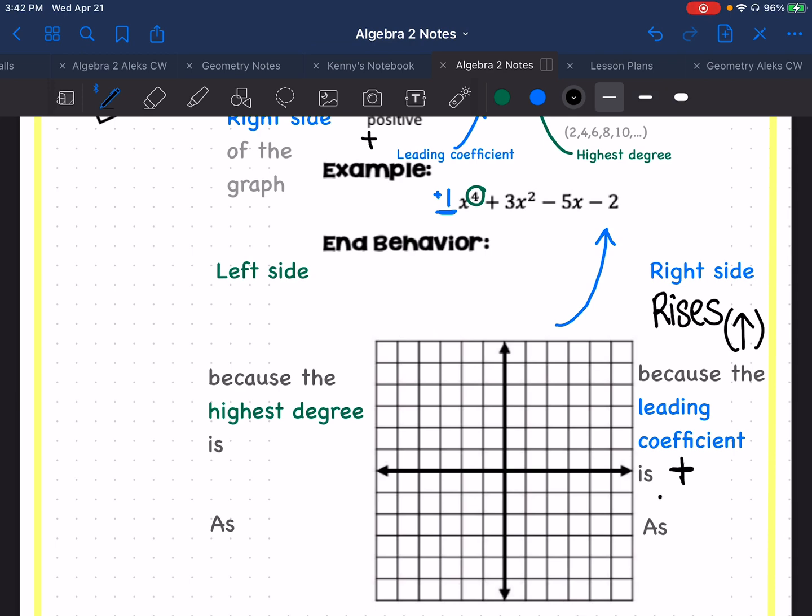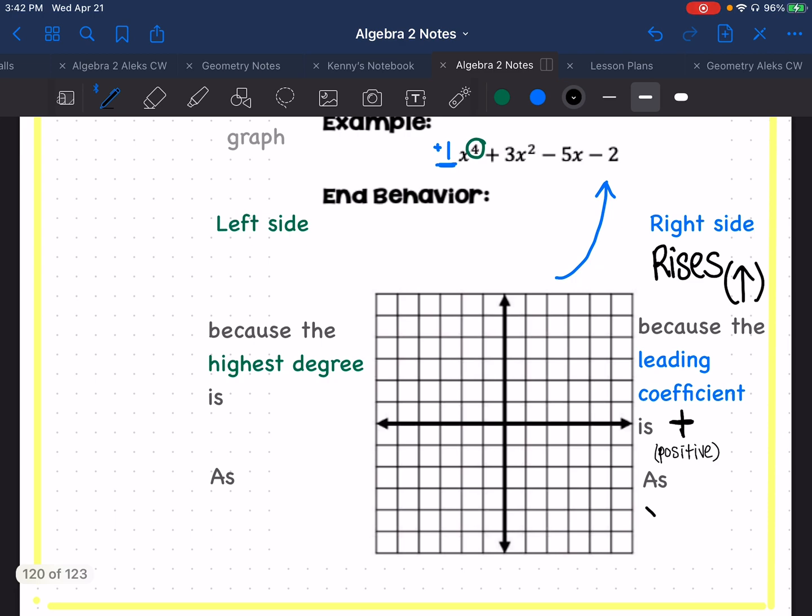And I'm going to write that down here. So here's what's happening. As my x quantity is going towards positive infinity, my y values are also going towards positive infinity. That's what the rise means.